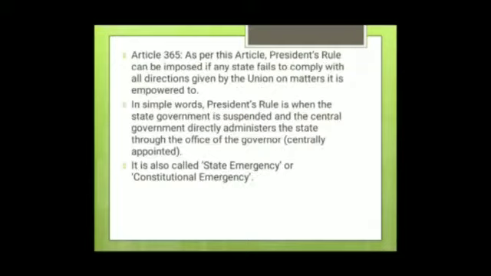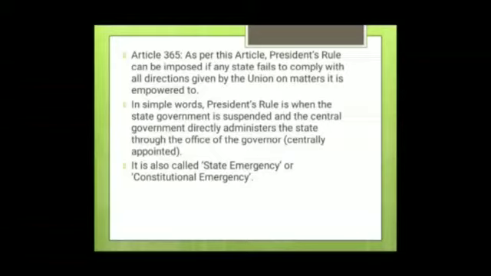Then the other one is given under Article 365. As per this article, President's Rule can be imposed if any state fails to comply with the directions given by the union on matters it is empowered to. So again, in the first one, it is on the governor's report or otherwise if the president is satisfied.